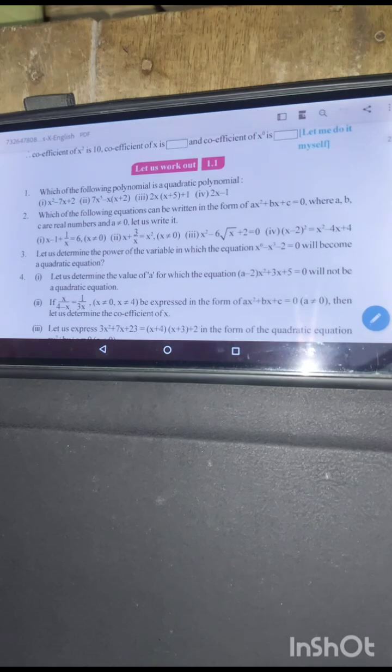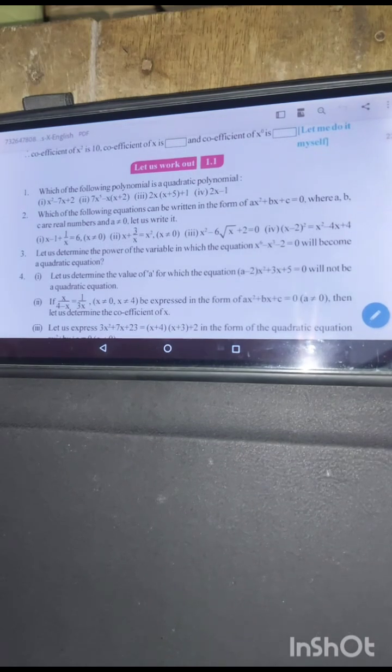A polynomial will be a quadratic polynomial if the highest power of the variable is 2.